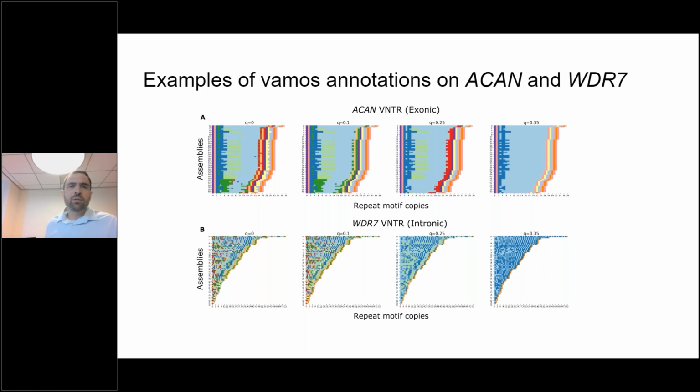So this is a view of the VAMOS annotations of two of the loci that we've mentioned earlier in this talk, the ACAN tandem repeat and the WDR7. These are illustrations to show how much diversity there is at these different compression levels.